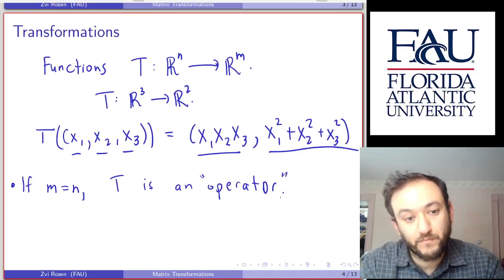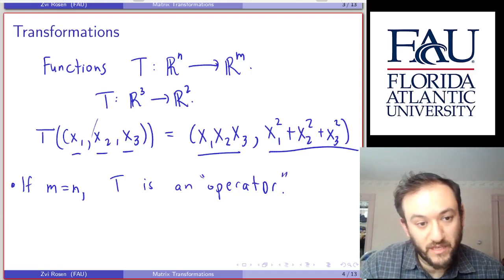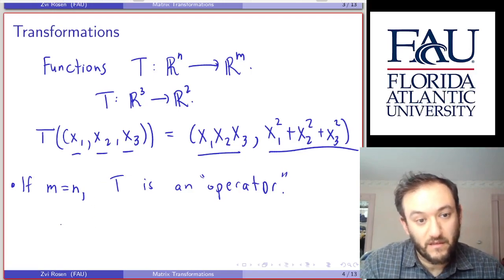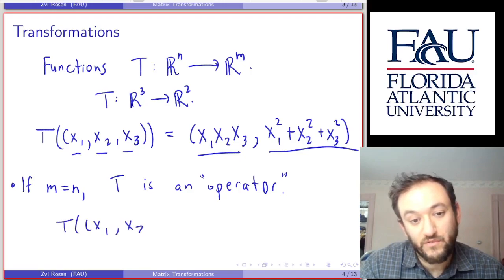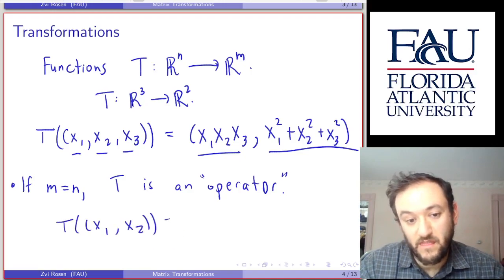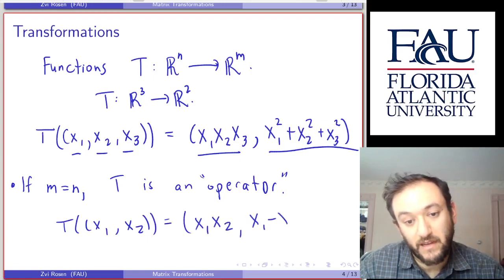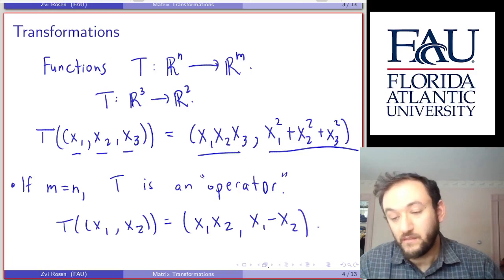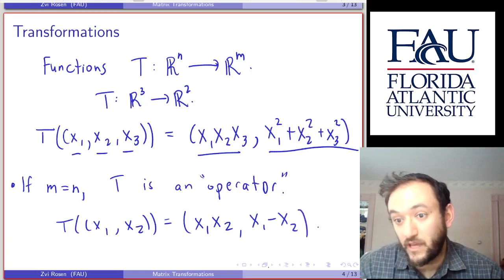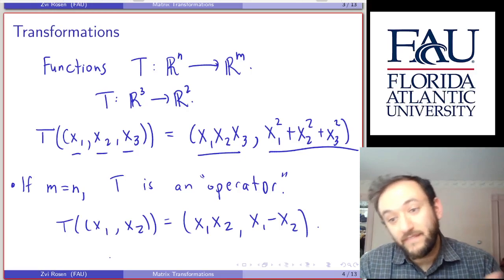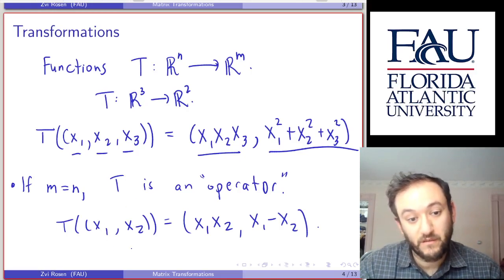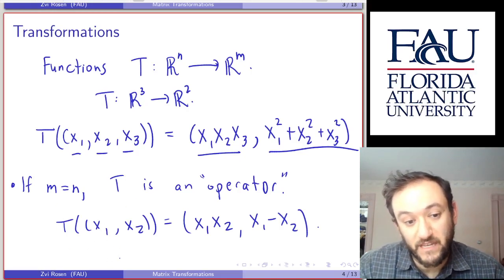Okay. And an example of that would be something like T of the vector x1, x2 will give us the output x1 times x2 and x1 minus x2. Okay, and the input is from R2, and the output is from R2. Okay, so in this case, m equals n equals 2.